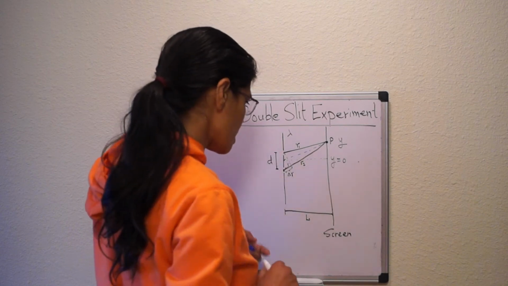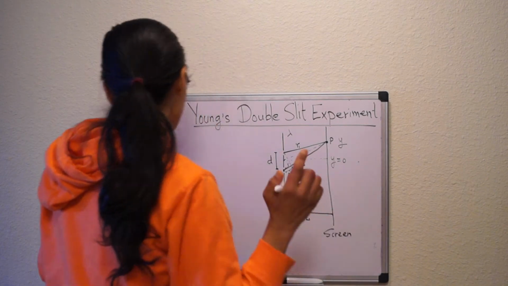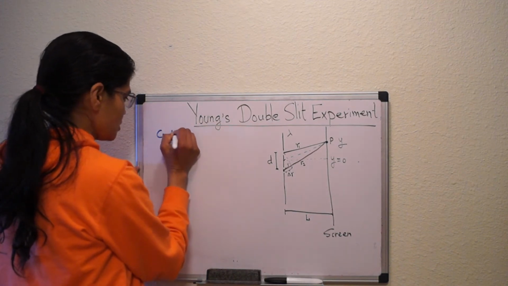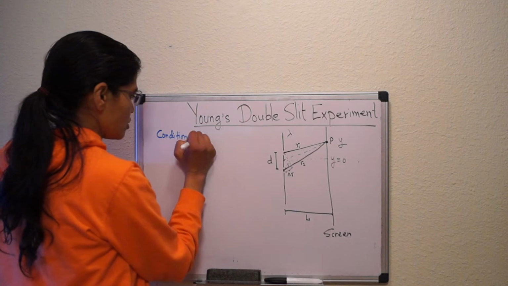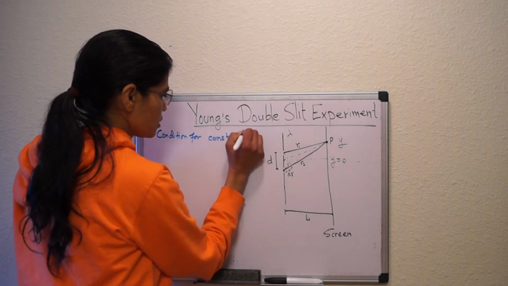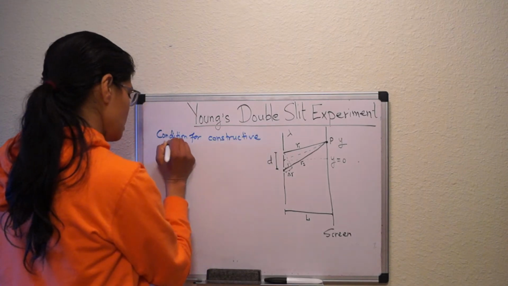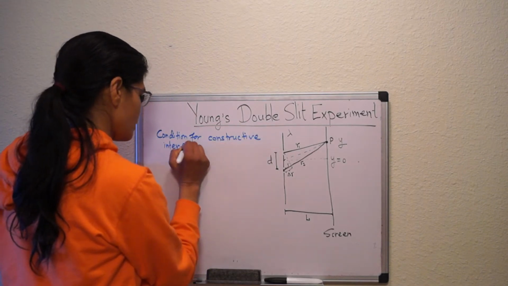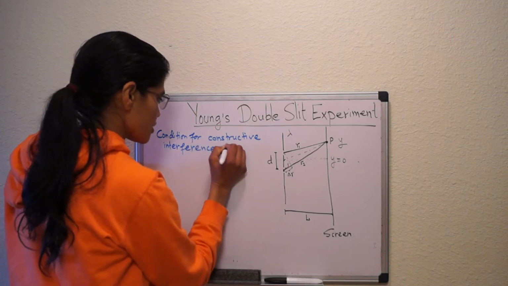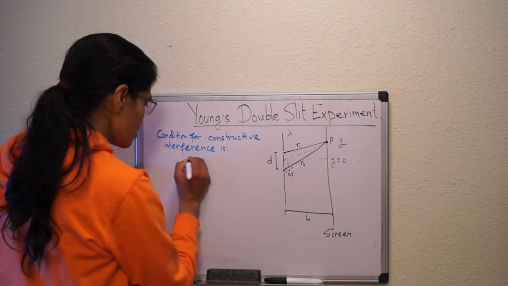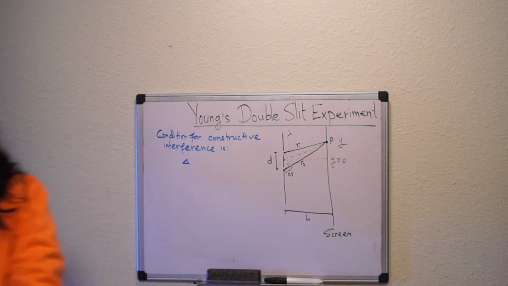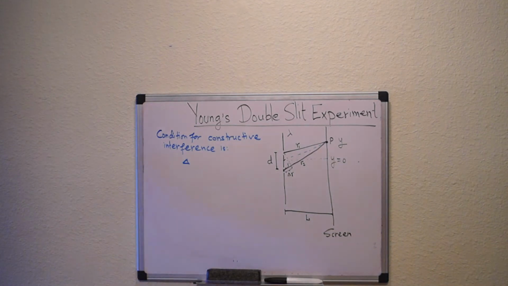Alright, so the important thing to remember is the condition for constructive interference. It is the path difference, which in our case is delta r.